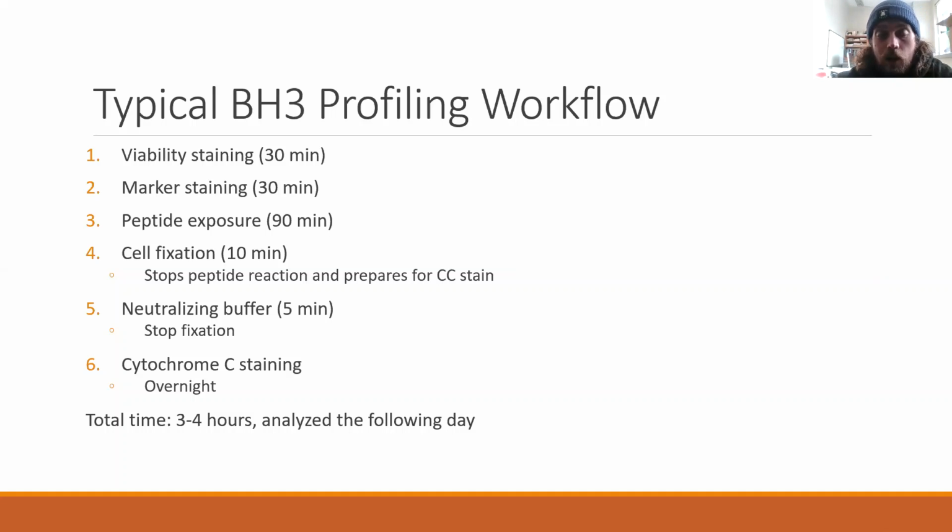Once you have everything organized, the whole thing takes about 3 to 4 hours, and then you analyze it the following day. You could analyze it the same day if you're in a rush, but usually the cytochrome C stain works better overnight. You get a more sensitive result.